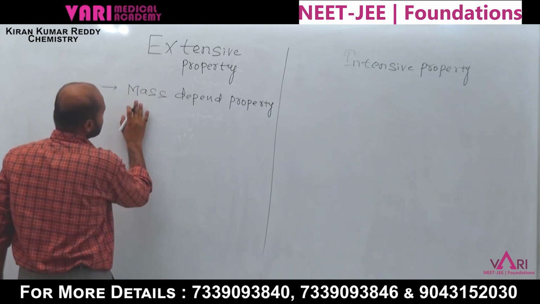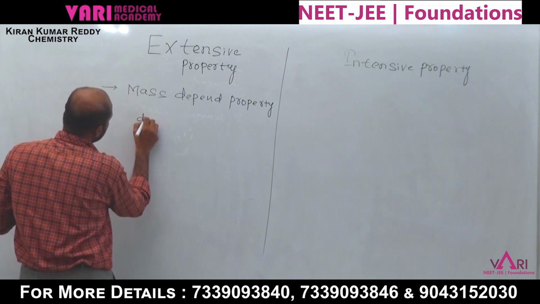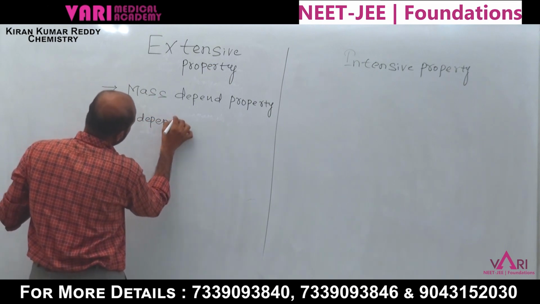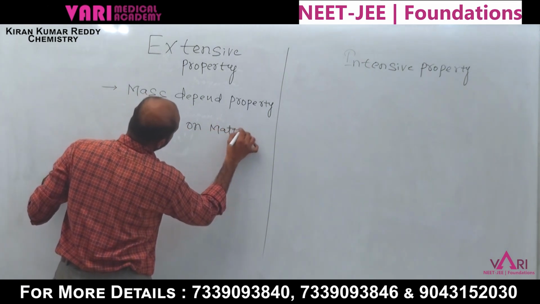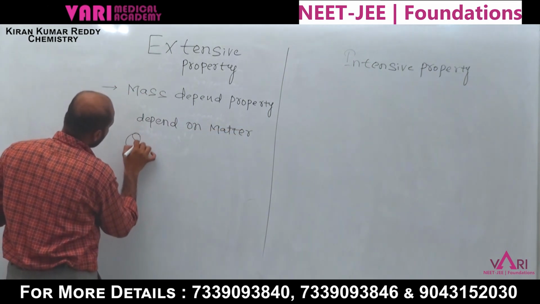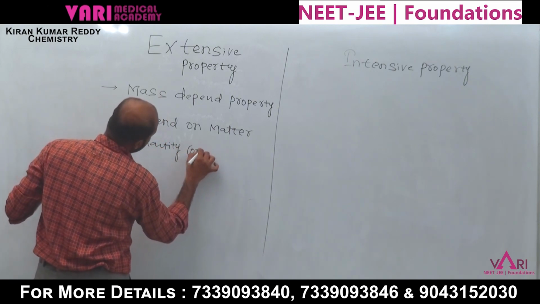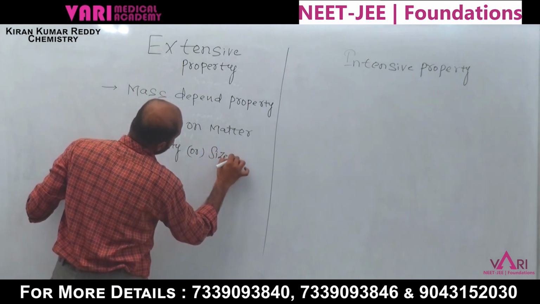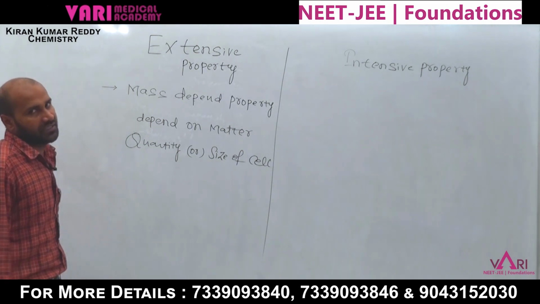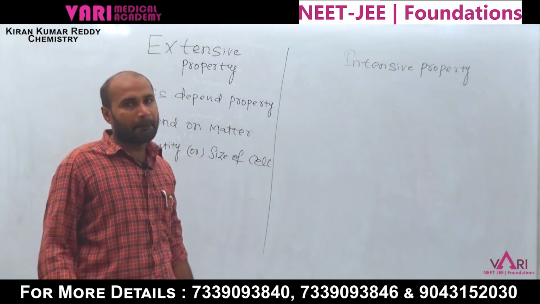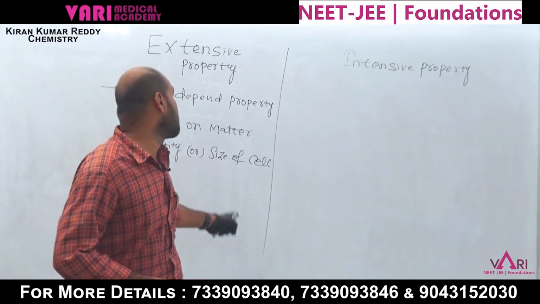Extensive property depends on mass, or matter, or quantity, or size of the cell. This is called extensive property. The property which depends on mass or matter or quantity is called extensive property.